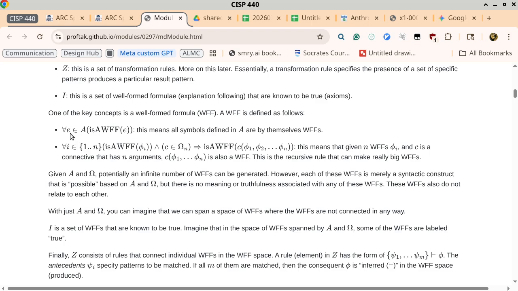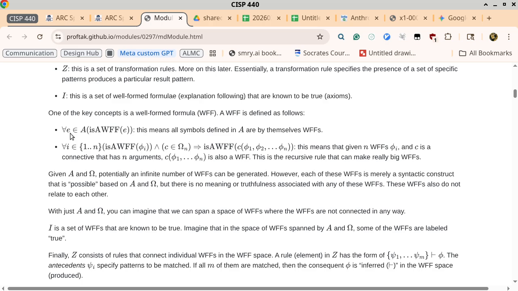So this is an assertion. The assertion is if you take any element out of alpha, it is by itself well formed. That means if I look at P as an expression, it is well formed, syntactically correct. If I take a constant, like a 0 out of alpha, by itself, it is also well formed. Are we okay with that concept?